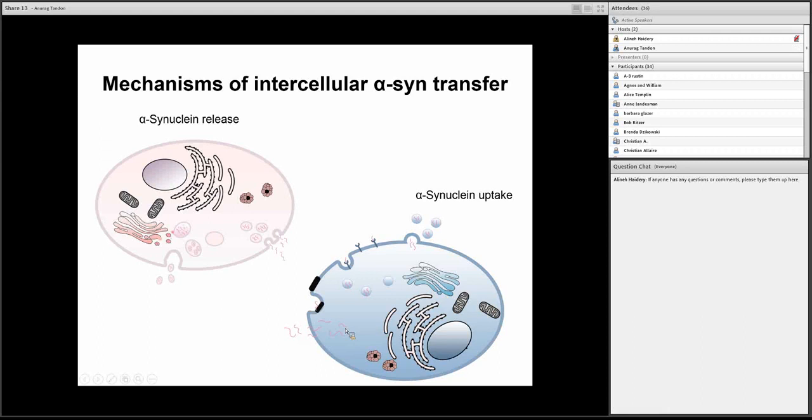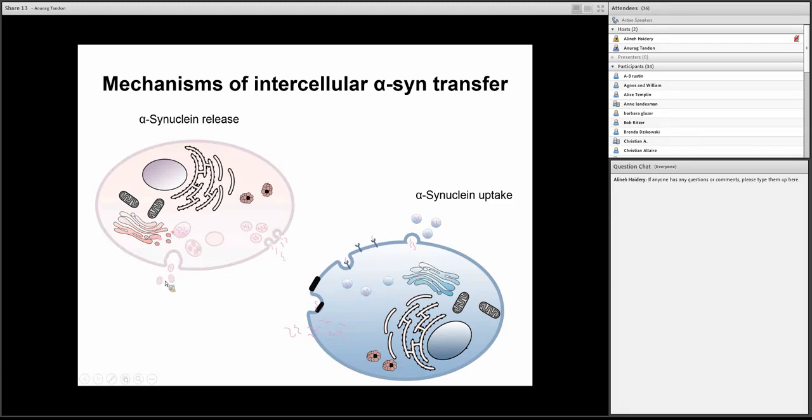transport to the inside. Now, there's another form of alpha-synuclein release, and this is called exosomes, and this is quite interesting because what this allows alpha-synuclein to do, the cell is really trying to get rid of misfolded proteins using this particular method, and it takes misfolded proteins and then encapsulates them in membranes, which it then sort of chucks out. It's much like we would put our garbage bags out on the front of our driveway for pickup.